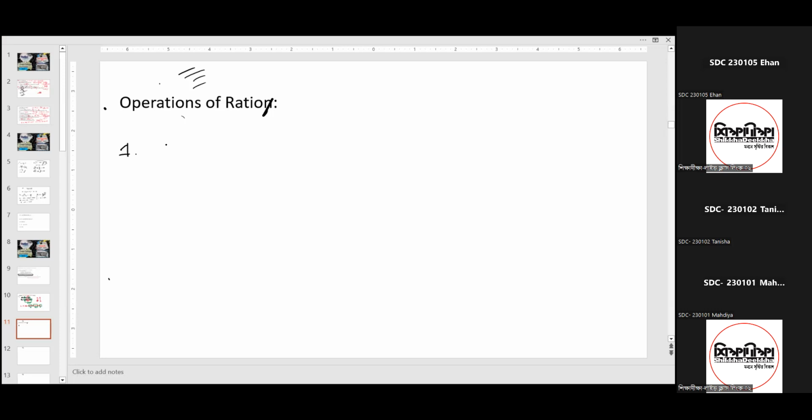Suppose it is 5:3. We can do something like this: 5 multiplied by 4 : 3 multiplied by 4. So you can multiply the antecedent and subsequent with the same number, right? The same number.